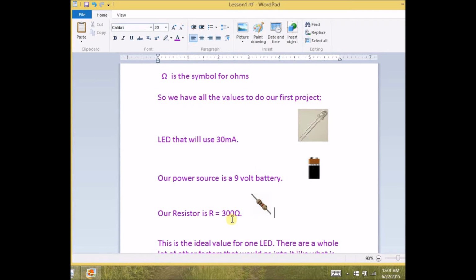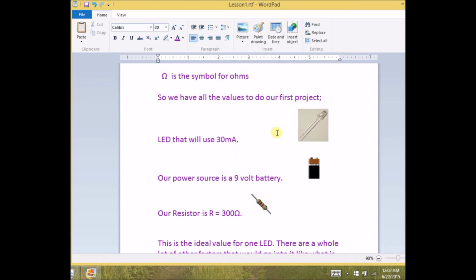What we're going to be using is actually going to be a 1K or 1000 ohm resistor. That gives us some room to move and be comfortable with, and that way we all have the same values we'll be working with, the 1K 1000 ohm resistor.